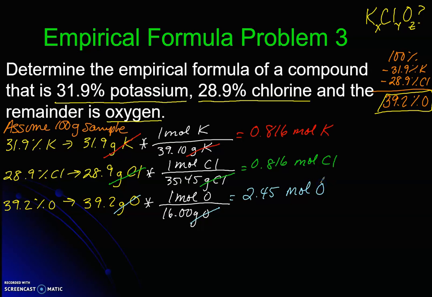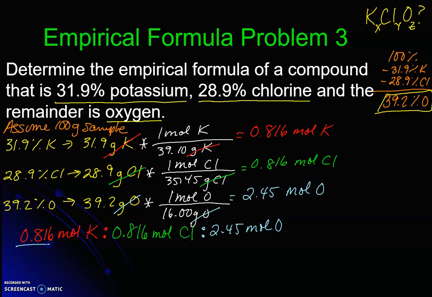Okay, so this usually frightens some students because they're like, how do I take a ratio of all 3 numbers? So what you do is you do the exact same thing. 0.816 moles of potassium for every 0.816 moles of chlorine for every 2.45 moles of oxygen.